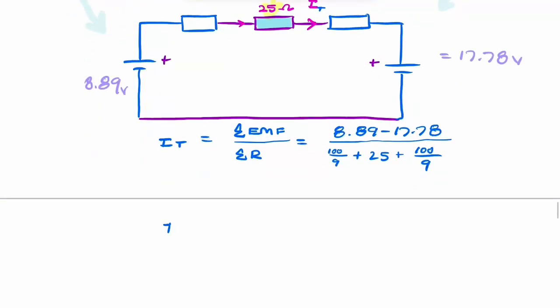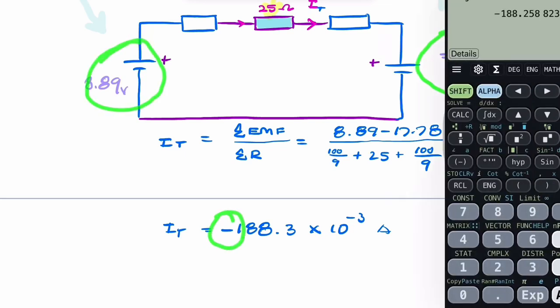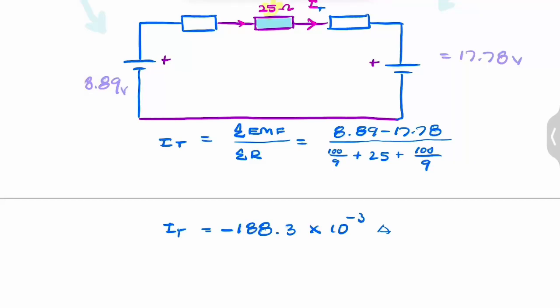So I total equals 188.3, and it's negative. The reason I found it to be negative is because it's this take away this. But now we know that it's negative. That tells us that our assumed direction is incorrect and the current is actually going in the opposite direction.